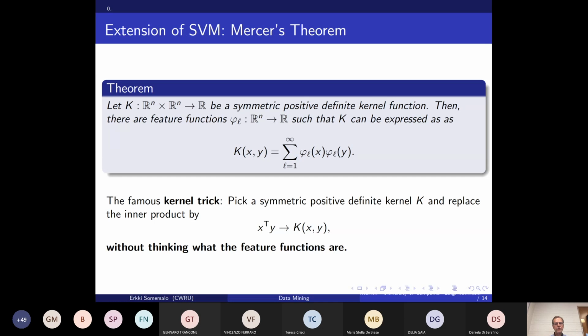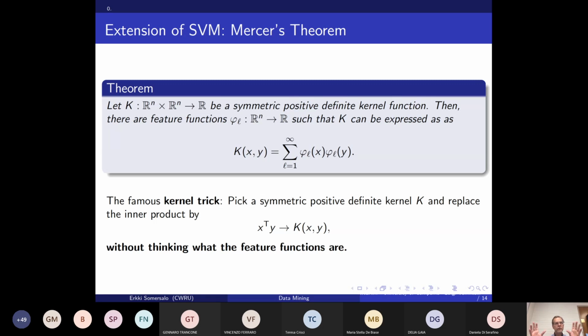So I can now choose whether I define the feature vectors, which may be difficult because I have to have a list of feature vectors, an infinite list or a finite list, but I have to choose them. Polynomials, for instance.